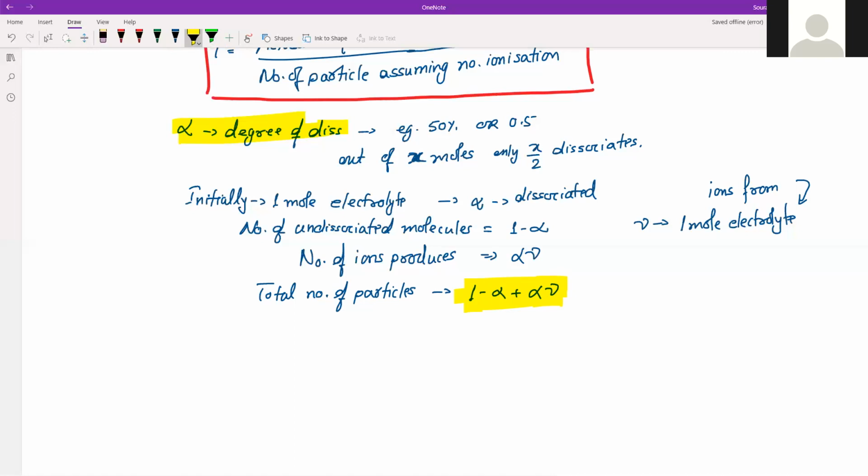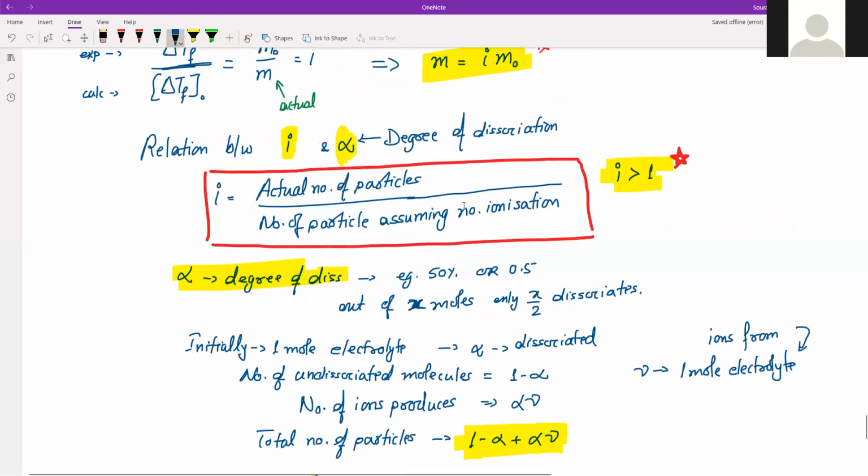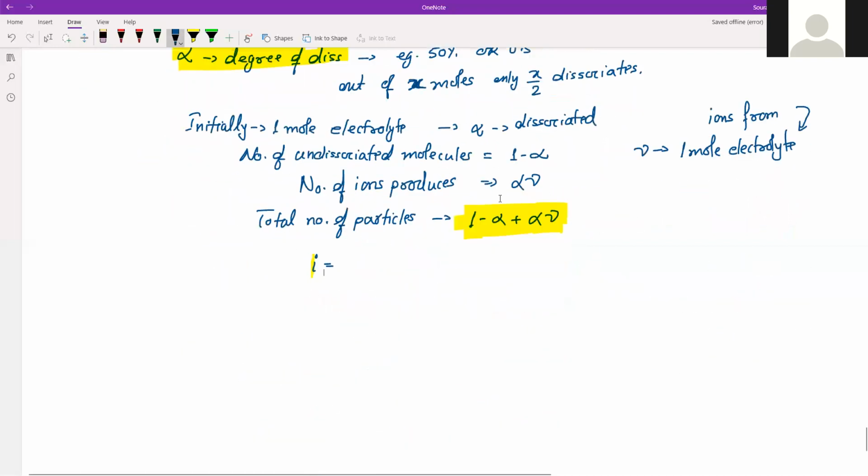And what did we say? i, that is the van 't Hoff factor, is the actual number of particles divided by the number of particles assuming no ionization. When there is no ionization, we had only 1 mole of particles. But if there is ionization, the actual number of particles is 1 minus alpha plus alpha nu, divided by 1. So that is equal to i.